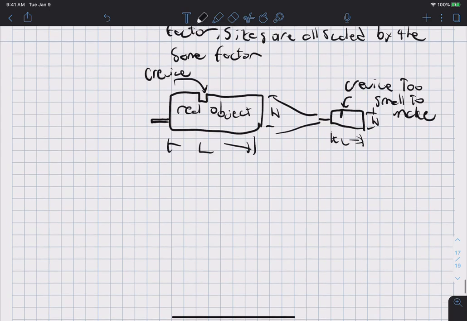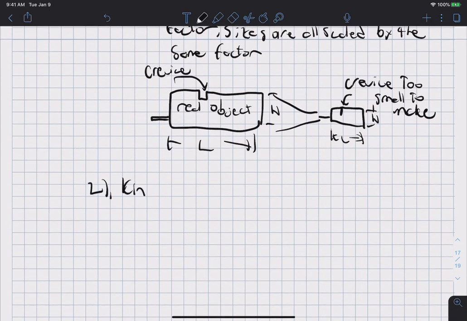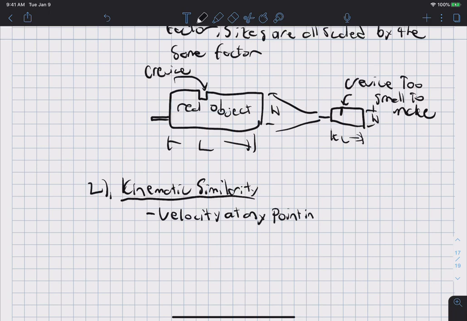And then there's kinematic similarity. Okay, and what this means is that the velocity at any point in the model has a magnitude scaled by a constant factor.